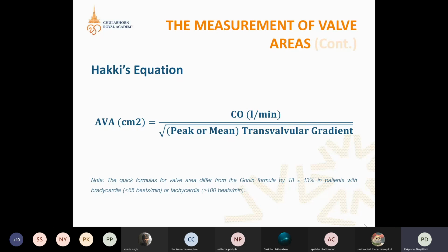This is a very simple equation that you can use while monitoring the case, but it is not as accurate as the Gorlin equation. The Hakki equation calculates the aortic valve area as cardiac output divided by the square root of peak or mean transvalvular gradient.